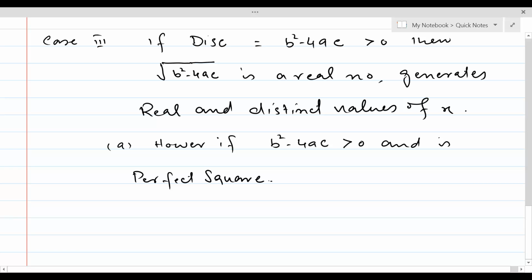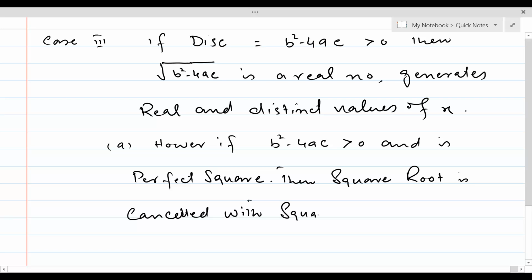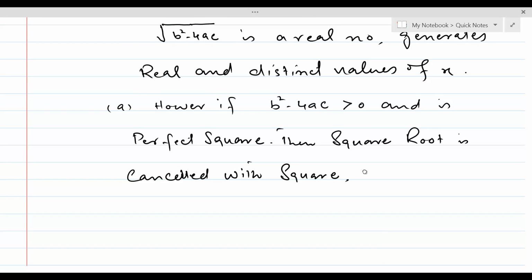Then the square root will be cancelled with the square, generating a proper fraction.